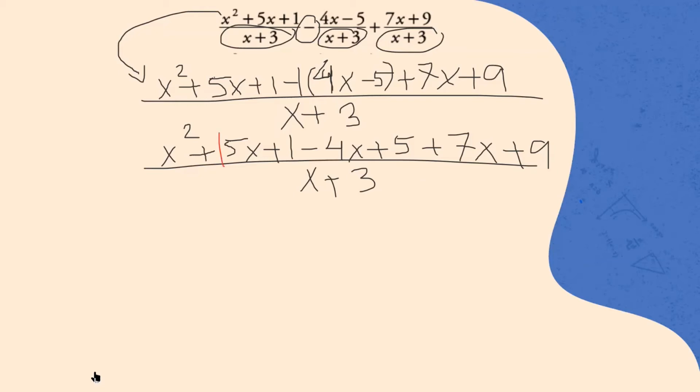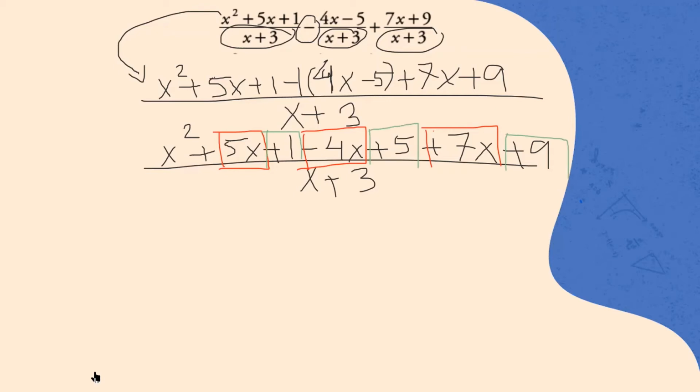I see 5x, negative 4x, and positive 7x. So I saw 3 of them. Now let's look for just constants, in other words, just numbers. You have 1, you have 5, you have 9.